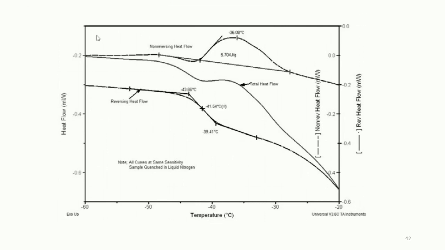A modulated differential scanning calorimetric experiment is performed on the same instrument as used for the traditional differential scanning calorimetric measurements. The difference between the two techniques is the temperature profile applied to the sample and the deconvolution, which is the separation of the resulting heat flow signal into several components.